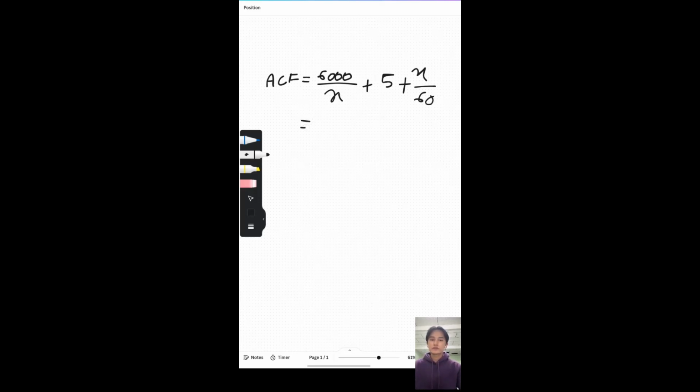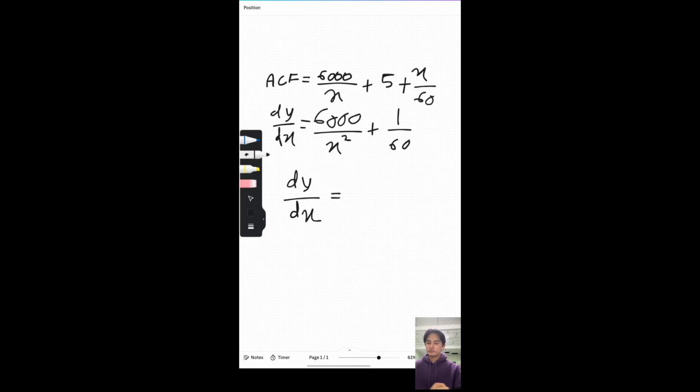So we use the derivative first. dy over dx equals negative 6,000 over x power 2 plus 1 over 16. For the turning point, dy over dx equals 0.